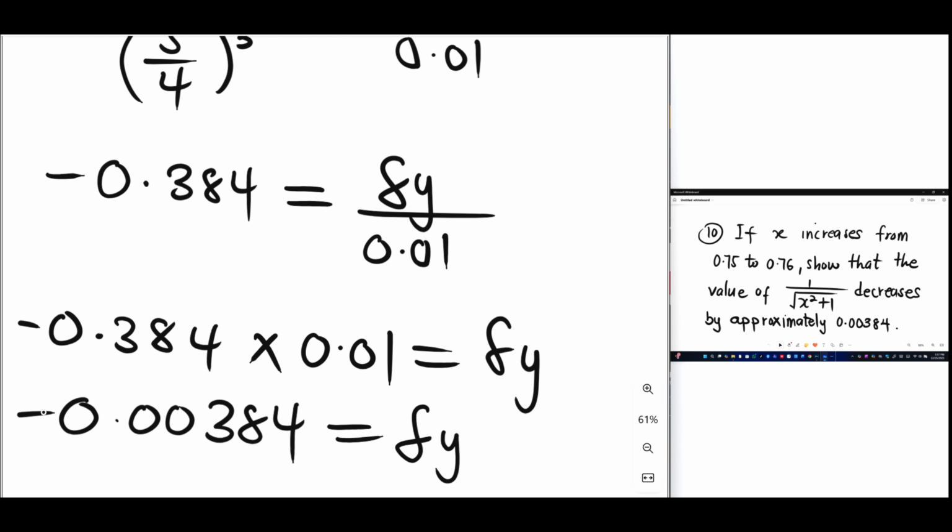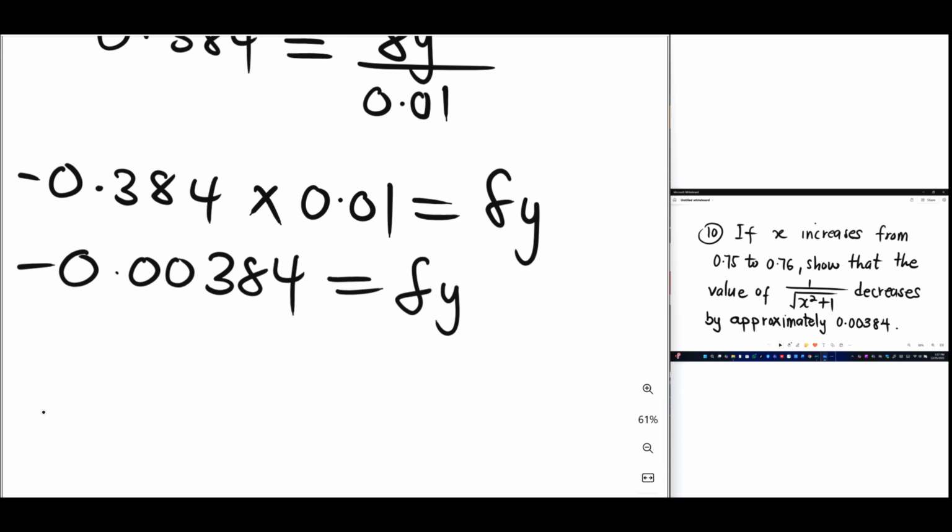All right. Because of the negative, this implies that as the x value increases, the y value decreases. The negative indicates that there was a reduction in the y value as a result of a small increment in the x value.